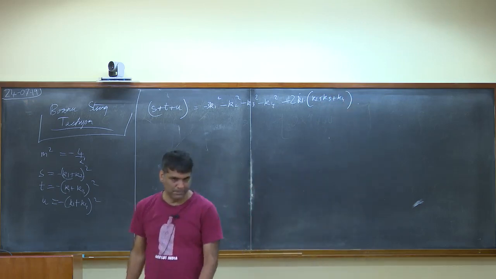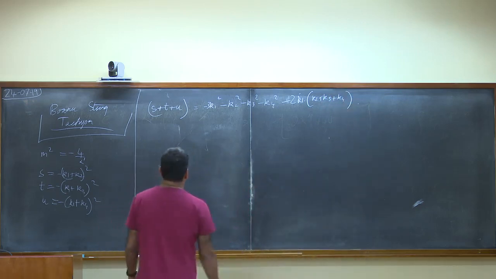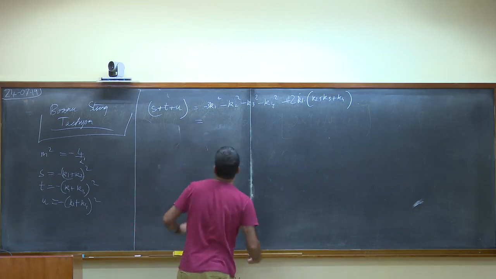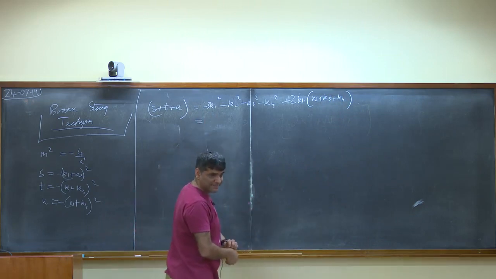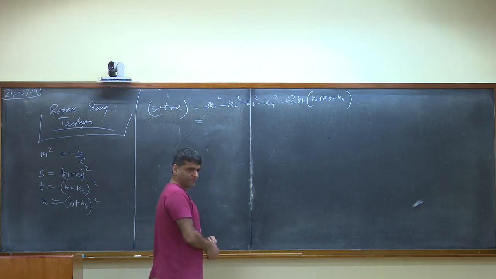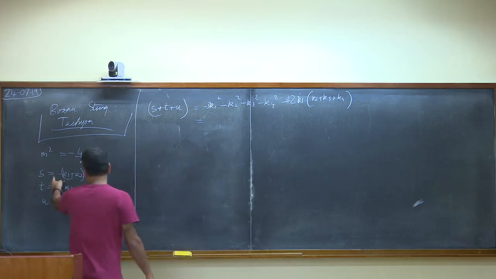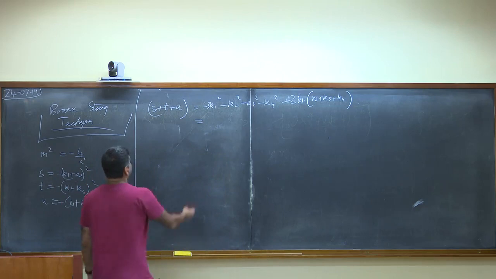Now, each of these minus k squareds is m squared, because our convention is minus k squared is m squared.